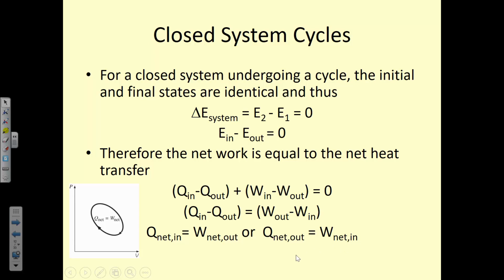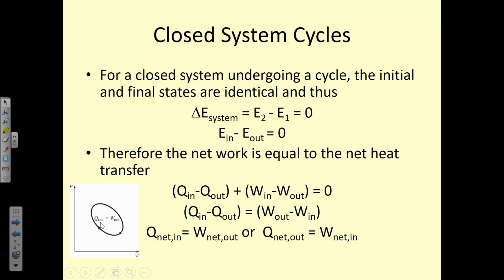So for any system that's operating on a cycle that returns back to its initial state, the primary considerations are your work and heat interactions. There may be some changes in internal energy or some changes in kinetic and potential energy throughout the cycle, but if you're returning to the initial state, you don't have to worry about those changes that happen.